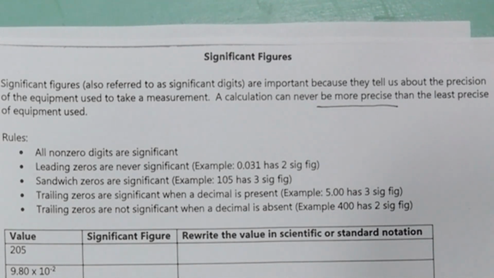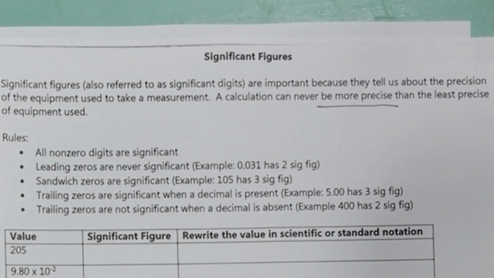So what that means is I can never have a final value in my calculation that has a precision higher than the least precise piece of equipment.